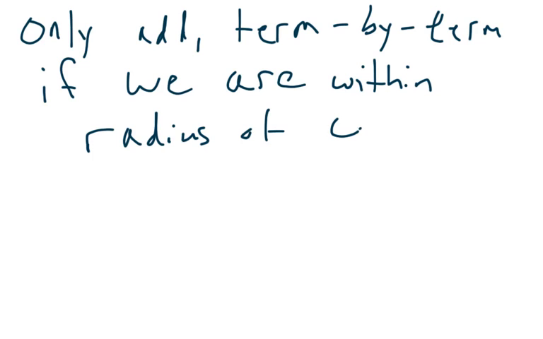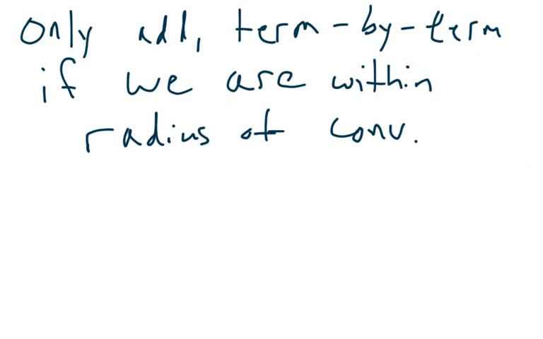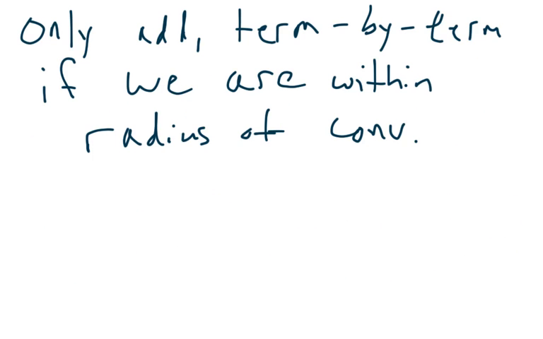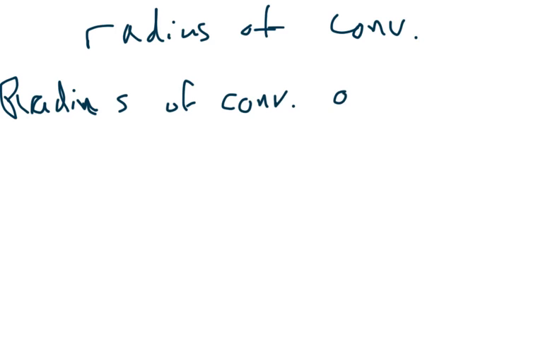So now we need to look at the radius of convergence. The way we find the radius of convergence for two functions together is we take the smaller of the two radii of convergence. So, the radius of convergence of the first function.